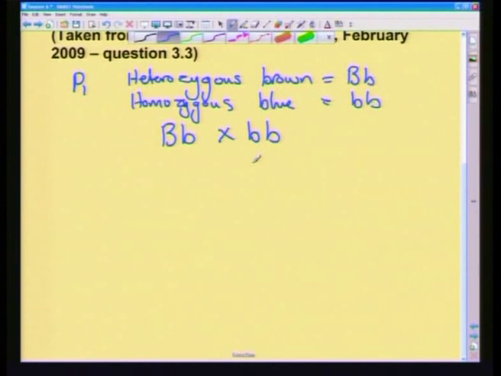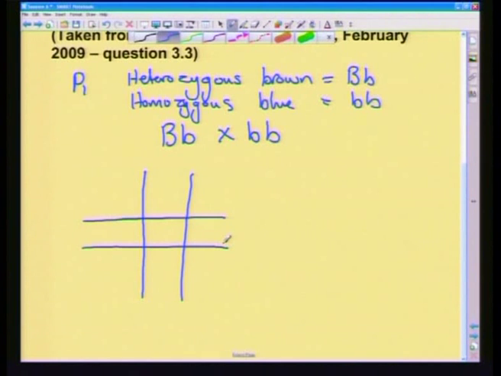Now, the first thing that's going to happen is we are going to have meiosis. So let's take our Punnett square. All right, and here we are going to have our gametes. And the gametes are produced by meiosis. All right, very important to put that in.